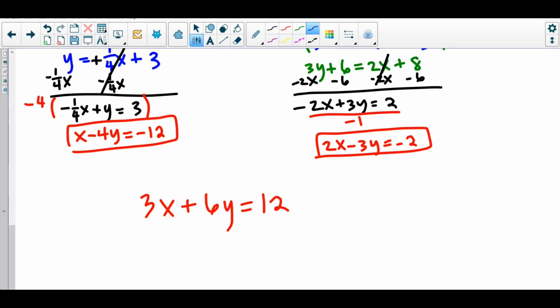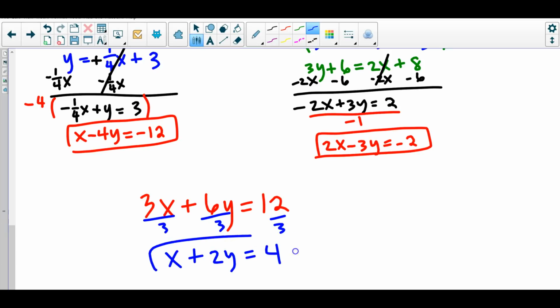So since they all have a 3 in common, I'm going to divide every single term by that common factor. This would be the best way to write this equation. So that would be the answer that I'm looking for.